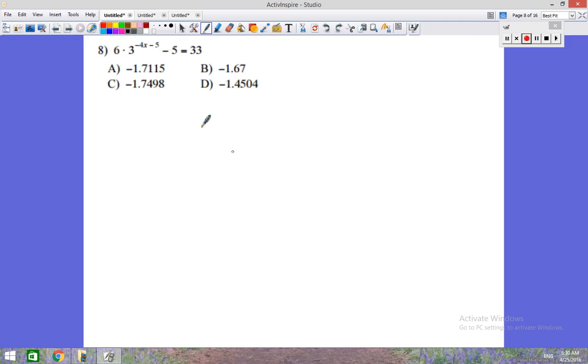Let's take a look at number 8. We have two terms. We want to get the factor that contains our variable by itself. So to get this first term by itself, we'll add 5 to each side.